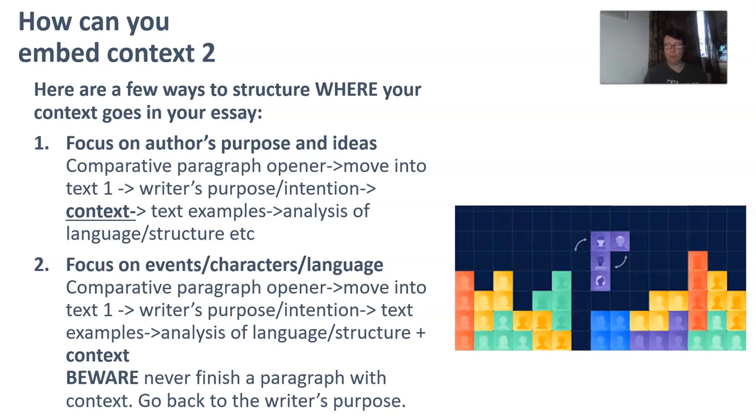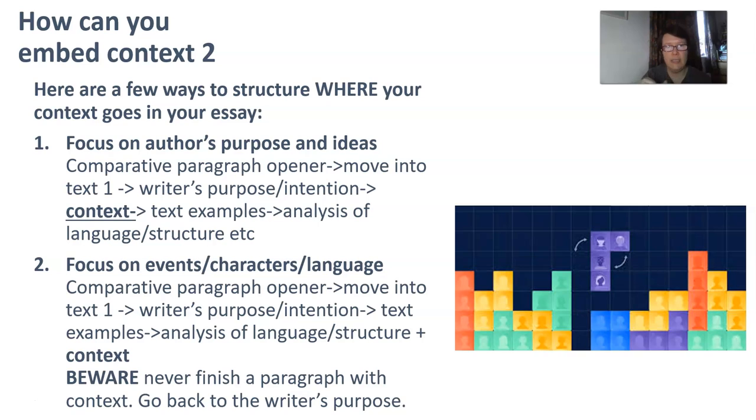All right, so we're nearly there. So here are a few ways that you could structure where the context goes in your essay. And this depends on, like I said before, whether you are wanting to link your context to the writer's purpose, or whether you're wanting to link your context to the specific textual example that you're dealing with.